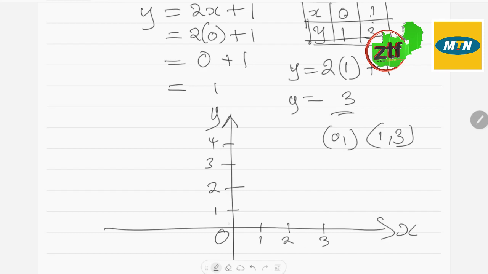So (0, 1) is this point, and (1, 3) is here. If we draw a straight line there, we are going to have a line that is passing through those points. If you use a ruler to draw that line, this is the line of y equals 2x plus 1.